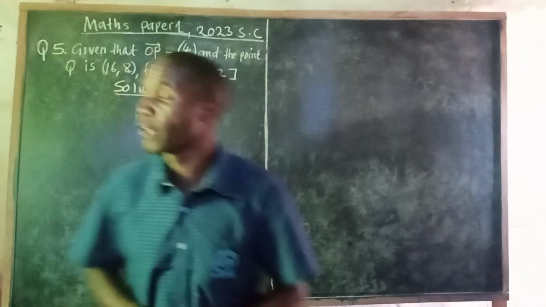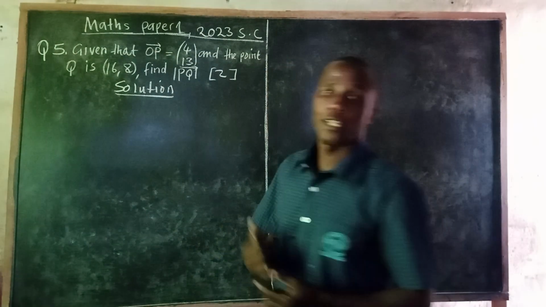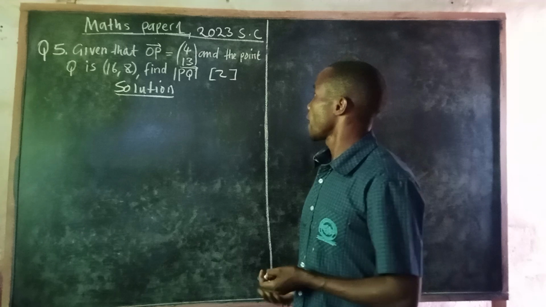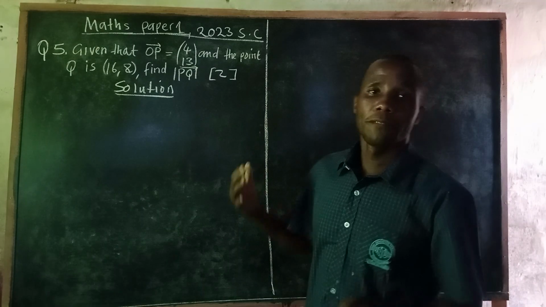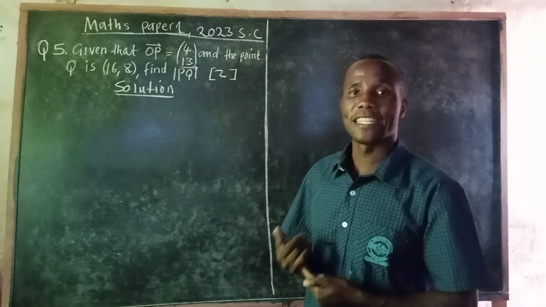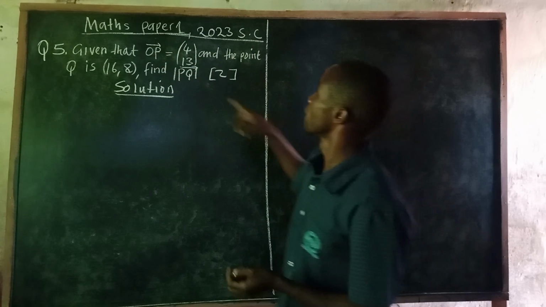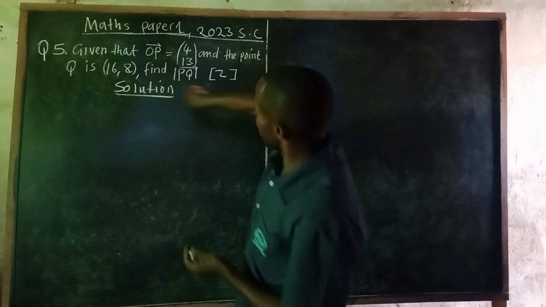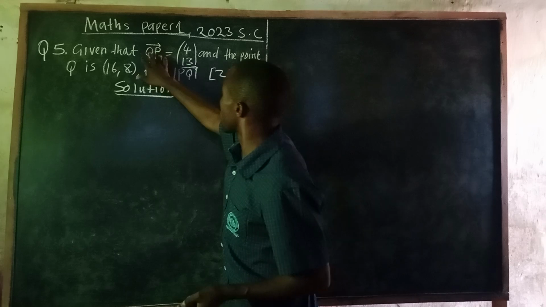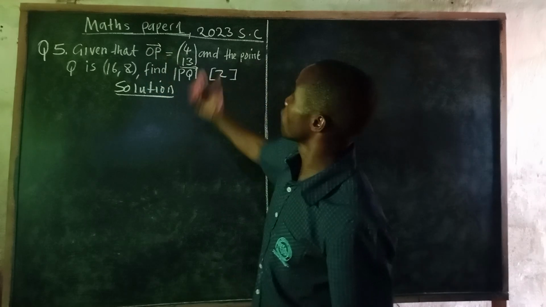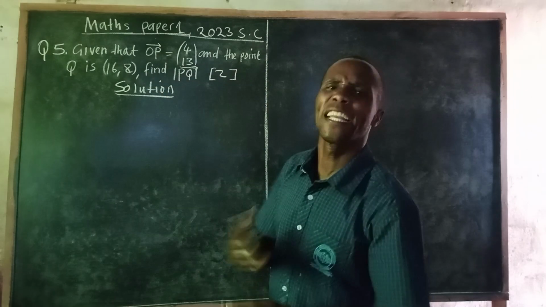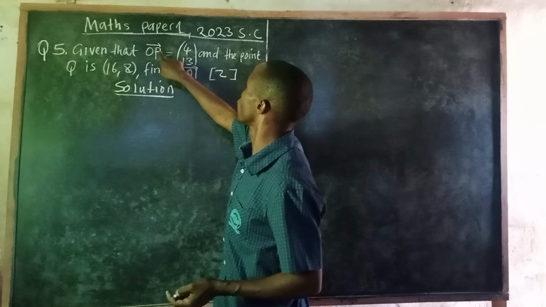So now, how do we find the magnitude? But before we come to that, I want you to know that vectors have size and direction. No wonder we see these pointing arrows, showing that the direction was this side, from O to P. So this particular person, or anything, was moving from here to there.